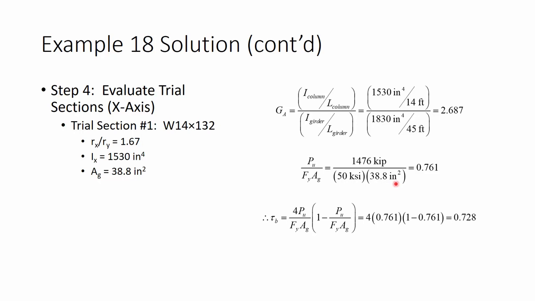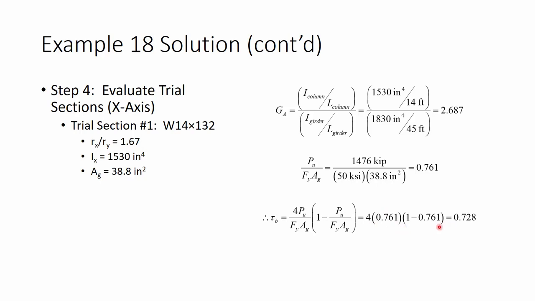And I know you can see this equation and think, I have to do a lot of computation here, I have to plug in a lot of values. But this Pu over FyAg, you've already computed up here. It's 0.761. So just take 4 times that fraction times the quantity 1 minus that fraction. So it's 4 times 0.761 times the quantity 1 minus that.